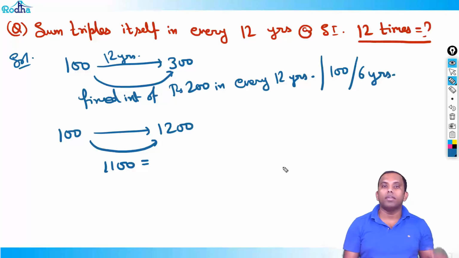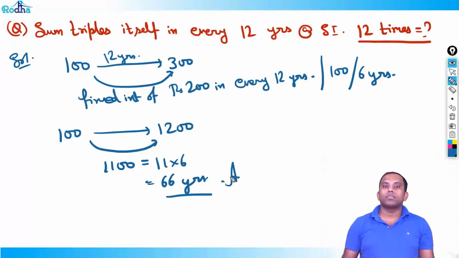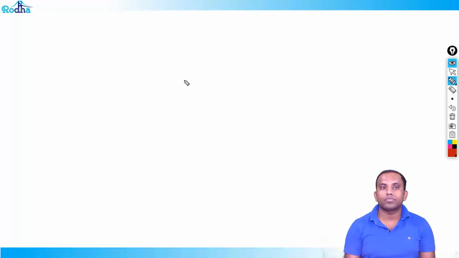So 1100 in how many years? 11 into 6, that is 66 years. So 66 years is the answer for this question. It's correct, I find. Fine. Okay. Next question.